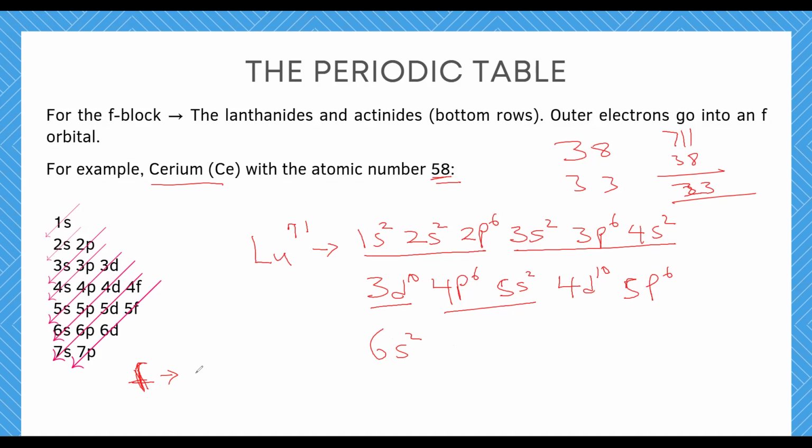I want everybody to be following. Yes, sir. So we mentioned in our previous class that the S block can take 2 electrons, the P block can take 6 electrons, the D block can take 10 electrons. How about the F block? 14 electrons. Good.